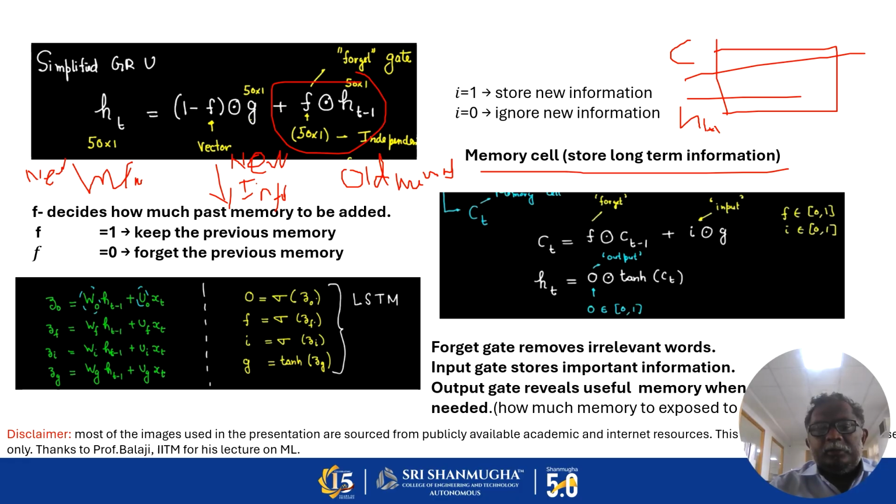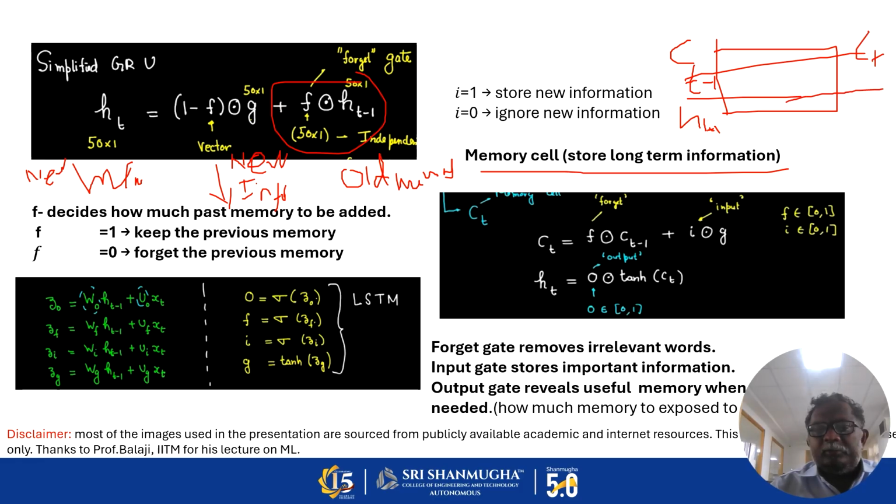The memory cell state can be derived from equations similar to the simplified GRU. So C_t, the current cell state, is equal to F element-wise multiplied with C_{t-1}, plus the input gate term.